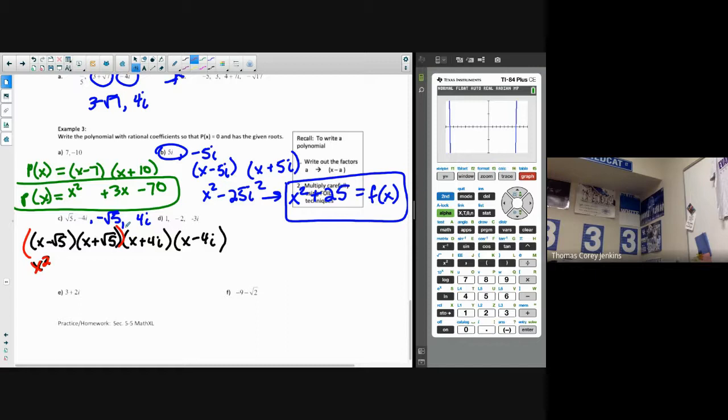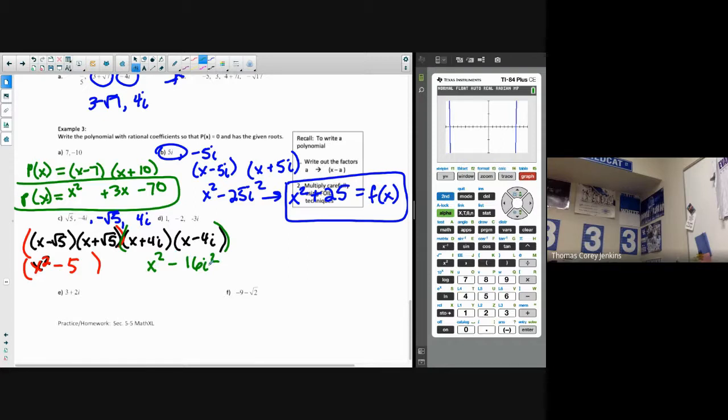Got to use these shortcuts when they're available. And then this one would be a squared, so x squared minus b squared, so that'd be 16i squared, which we would want to clean up. So really, this is just x squared plus 16, okay?